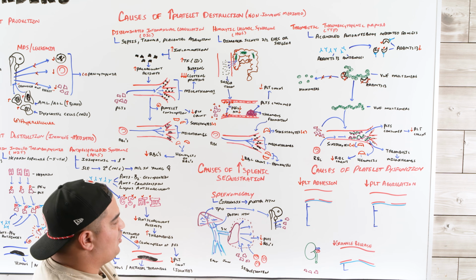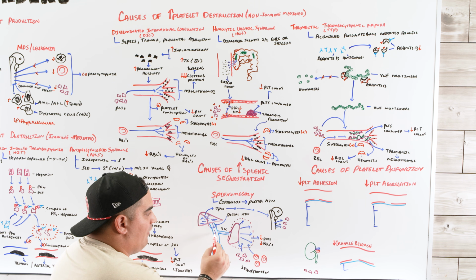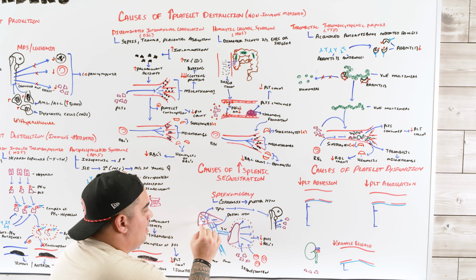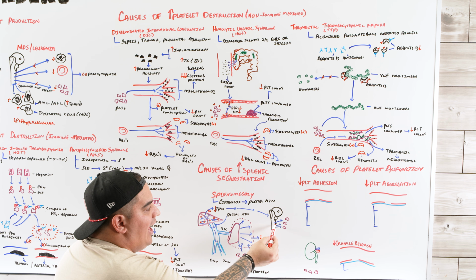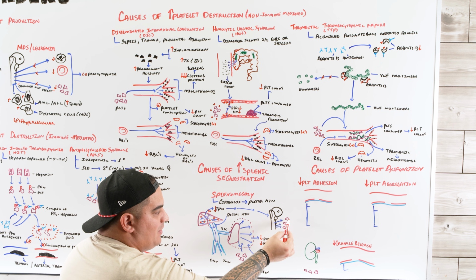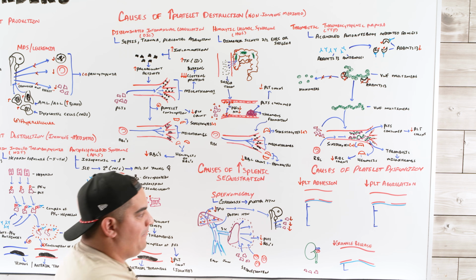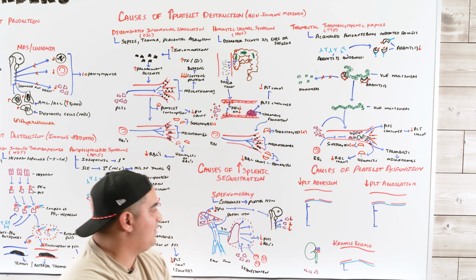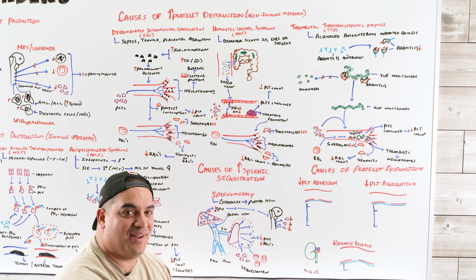But if a patient has cirrhosis, not only can they cause compression of the portal vasculature, they also lose the hepatocyte's ability to make TPO. And so TPO production goes down. Can you tell the bone marrow to make platelets as a result? No.